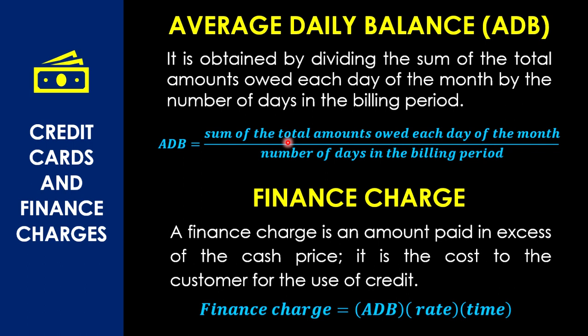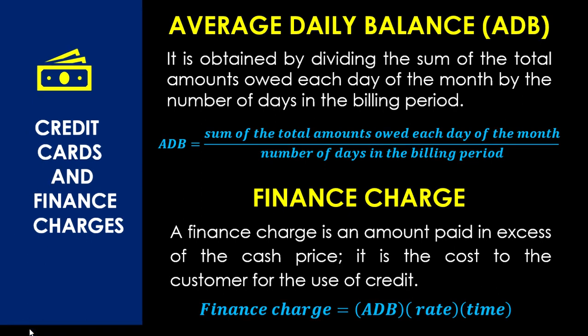Then for the finance charge, our formula is just the same as simple interest, but instead of the principal amount, we'll have the average daily balance. Then we have the rate, which depends on the bank, and then the time. It's usually monthly, so our T here is always 1. So T is equal to 1.